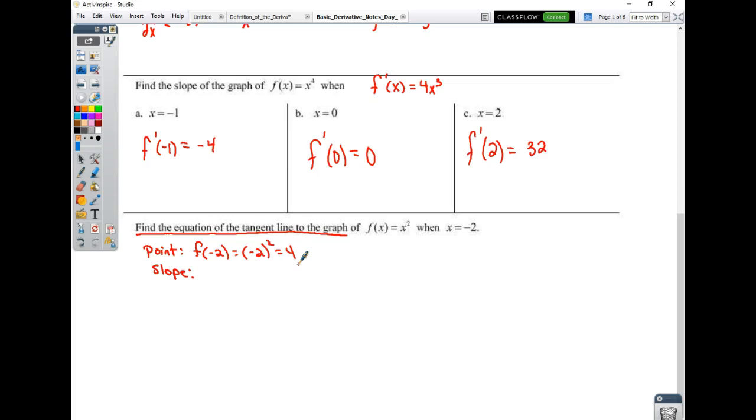How do you find the slope? How do you find the slope of a tangent line?